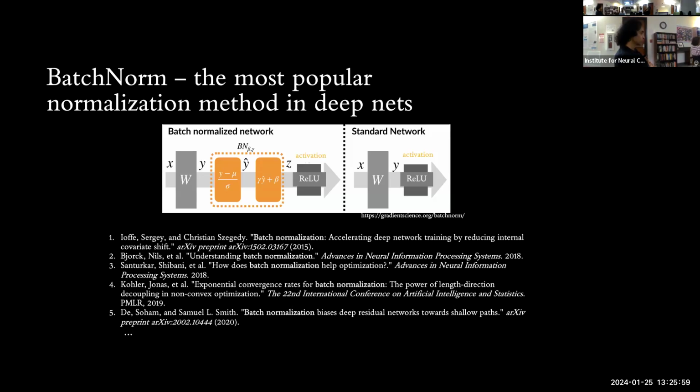It depends on the data as well. For example, in RNNs, you cannot use batch normalization because you do not take this in a batch, right? So that's why people have come up with layer normalization, where you can do normalization within a layer instead of a batch of inputs.